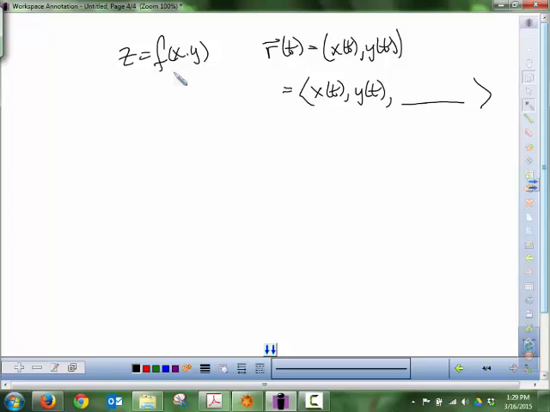F of x of t? That's one way to express that. Another way to express that is f of r of t. Now look at those two and convince yourselves that it's the same thing.